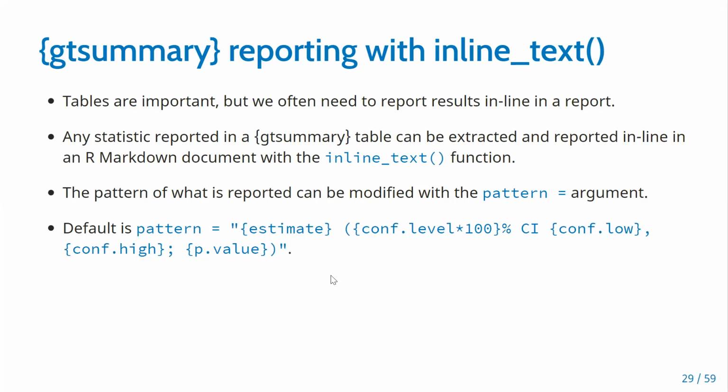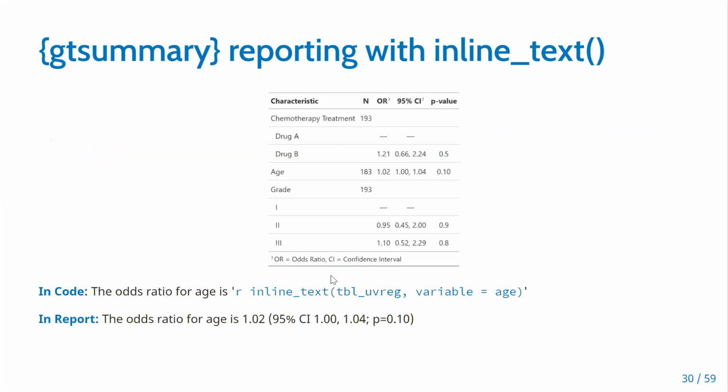In the inline text function for regression models, there's a pattern argument. That is going to be the default for how it extracts the information from the table and displays it. So in this case, if you don't specify it yourself, it's going to give you the estimate, the odds ratio that is, in our case, the 95% confidence interval, the lower and the upper bound, and then the p-value. So let's show an example.